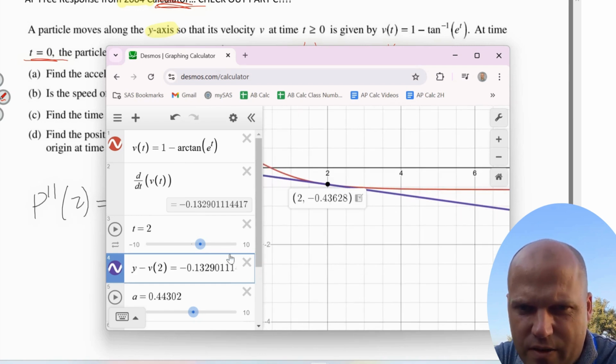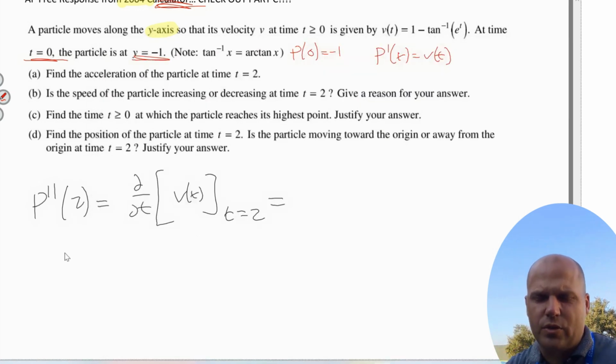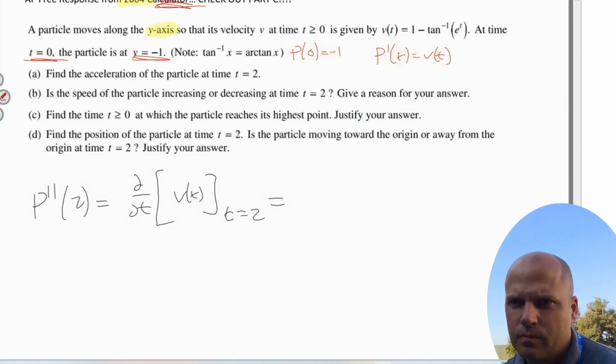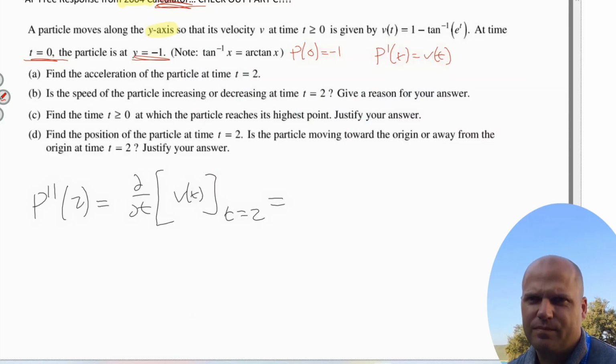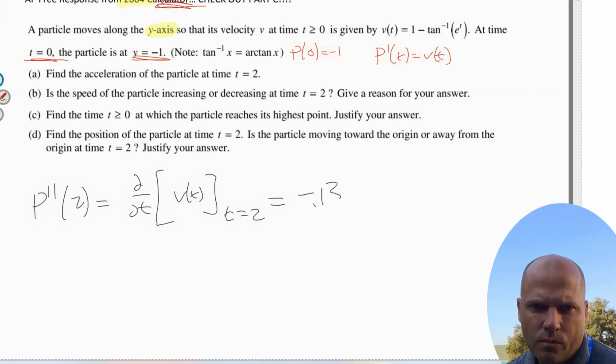All right, now we know how to take derivatives. All right, cool. So negative 0.132. What does that mean? This is new to you guys. You don't know how to do this. We haven't done this, so whatever.